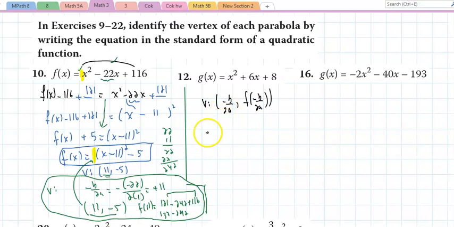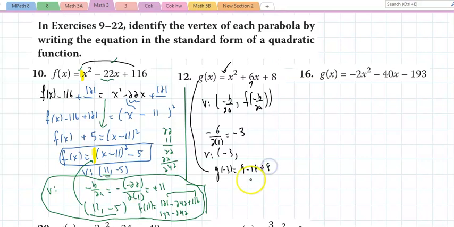So if I take negative b over 2 times 1, because that's what a is, that is negative 3. So if I know the vertex consists of a negative 3 for the x, and for the y, I'll just find g of negative 3. That is 9 minus 18 plus 8. That is, what is that? 7. That's a negative 1. So if I know what the vertex is, I found it.